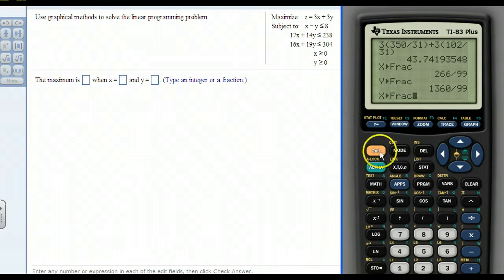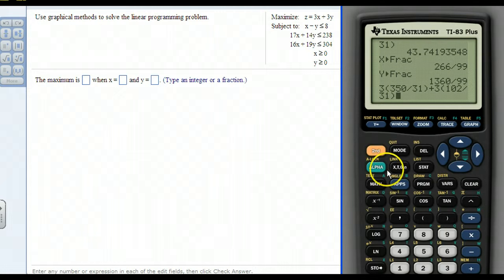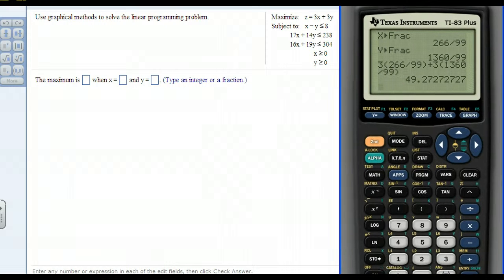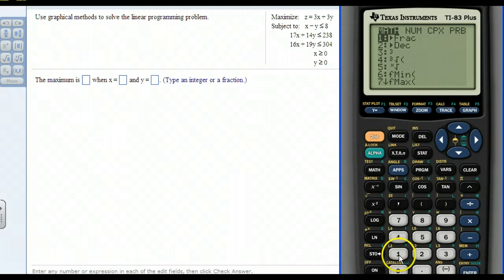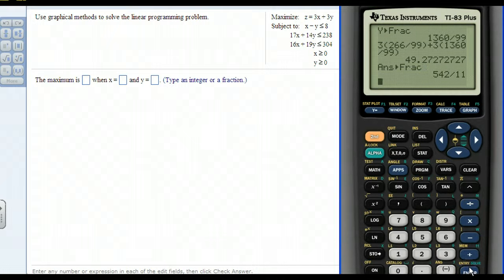Just hitting second enter until I get back to the problem that maximized it. That one. Again, math 1 to change it to a fraction when your decimal repeats.